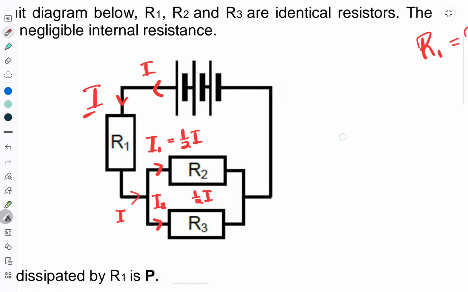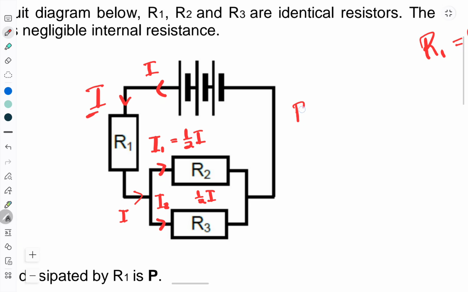Okay. So we know that the power is often found using I squared times R, right? So for R1, this power would simply be I squared times R, because the current passing through R1 is that I, which is our total current.